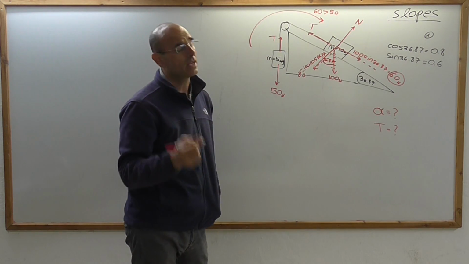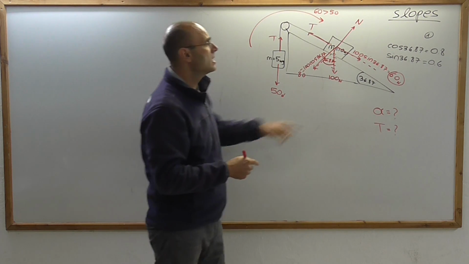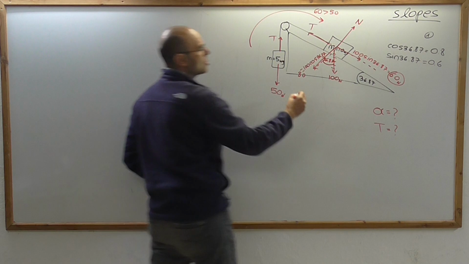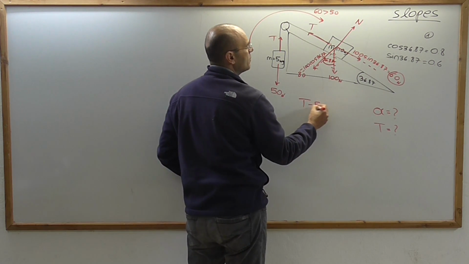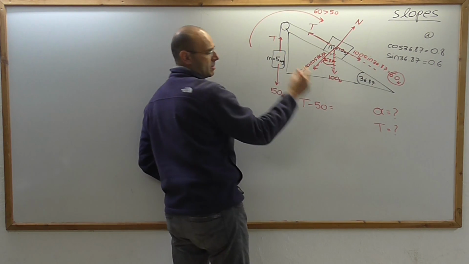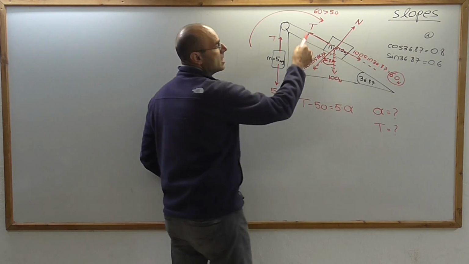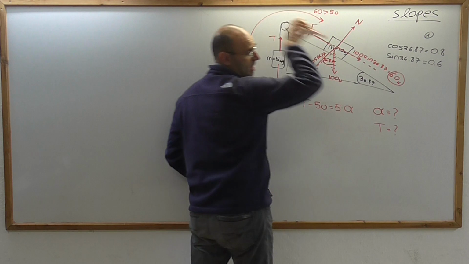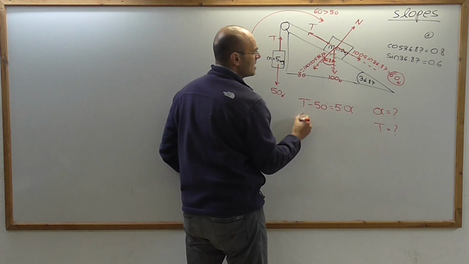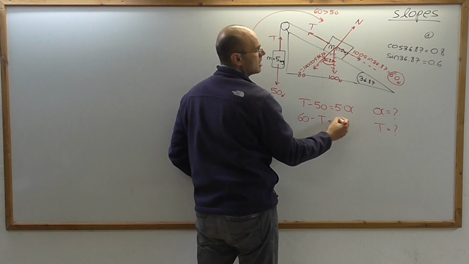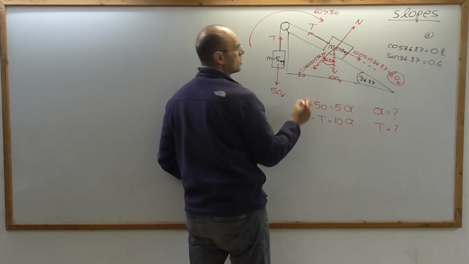And now that I know it, I can write Newton's laws. Let's start with this one. This one I know goes up. So T minus 50 equals m, which is 5, multiplied by the acceleration a. This one goes down the slope. So 60 minus T equals the mass multiplied by the acceleration.